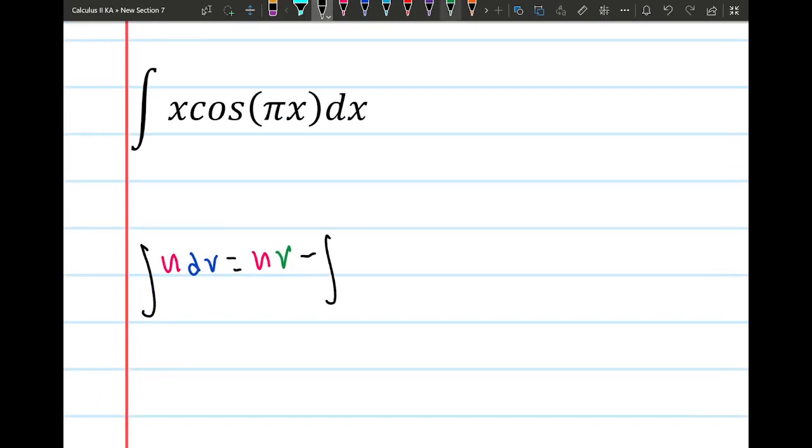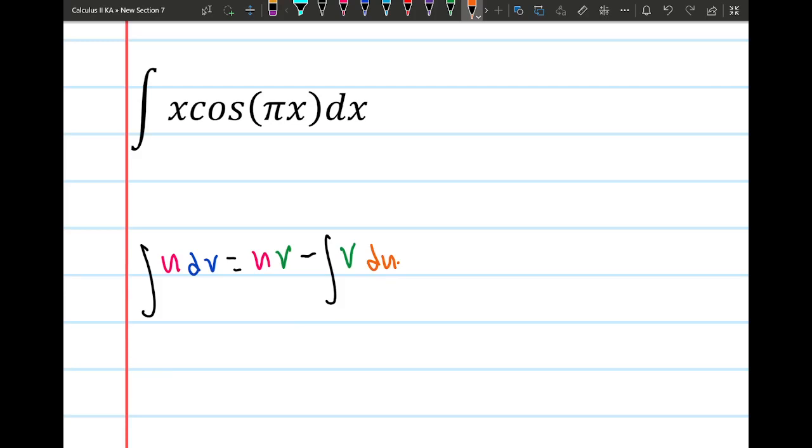So it's v and then du. I just want to make that clear before anything, because we're going to have to use this for any of these integration by parts problems.